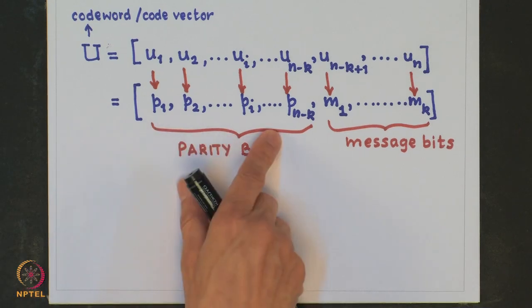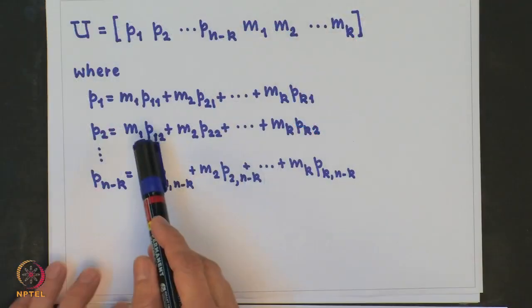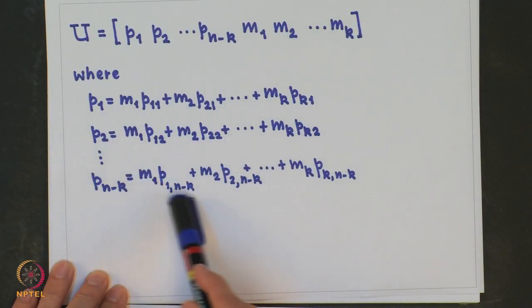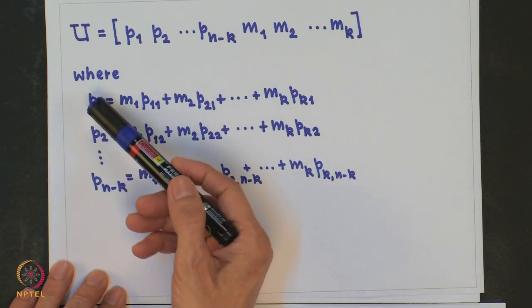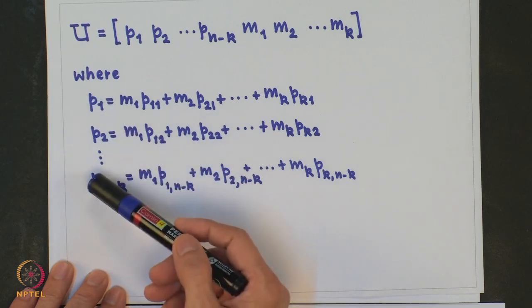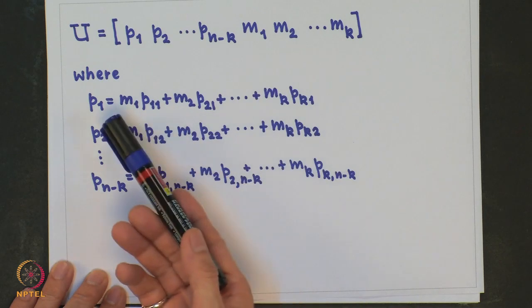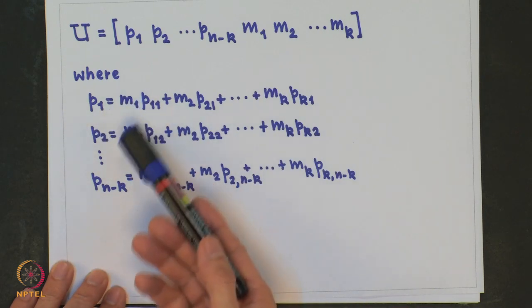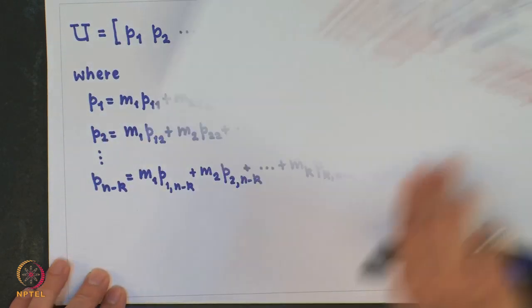So, these parity bits are obtained as shown on this slide. So, these parity bits P1 to Pn minus k are exactly the same as the first n minus k components of the vector u.